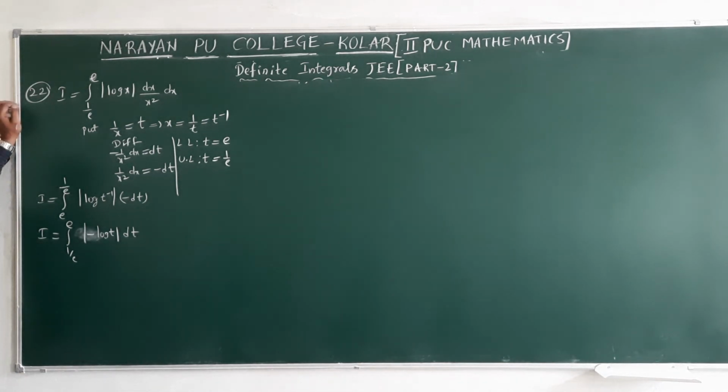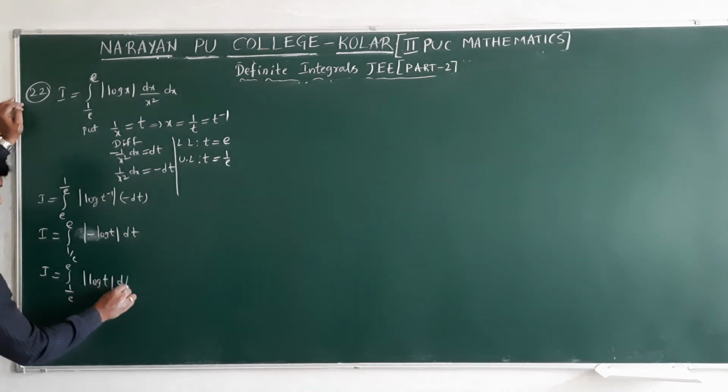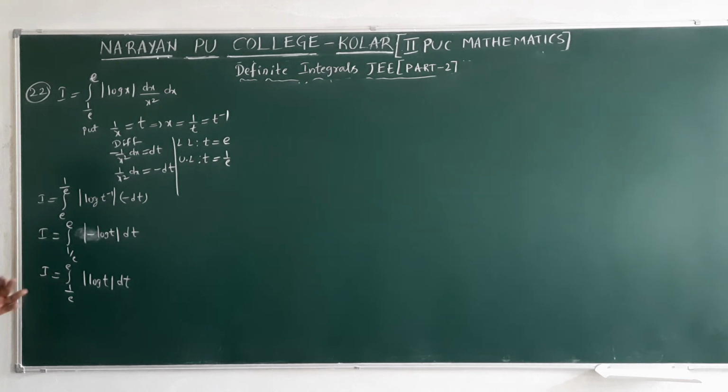So mod of minus you can take plus, no issue. Log t dt. Here log 1 is 0. That is the critical point for this log function. At that 1 only, the nature of the curve will change. That's why splitting into two parts.